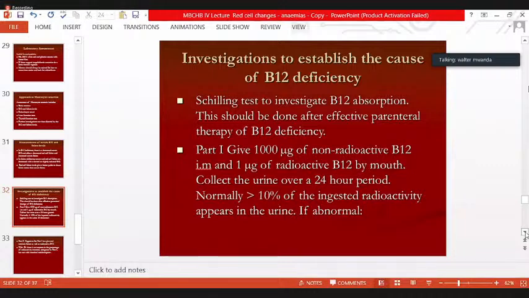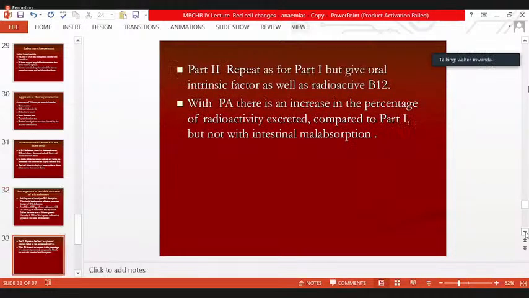So we determine the absorption of vitamin B12 first. So with pernicious anemia, there's an increase in the percentage. Well, this is the mechanism of determining absorption of vitamin B12.